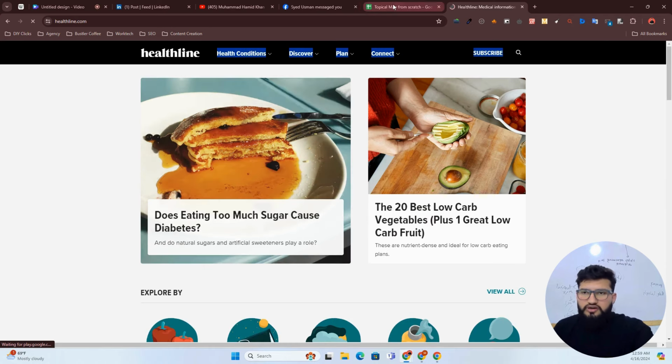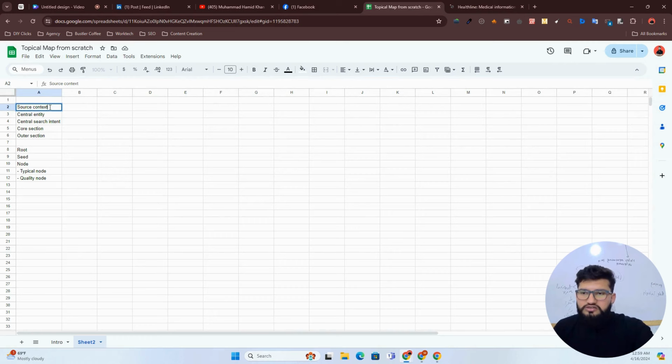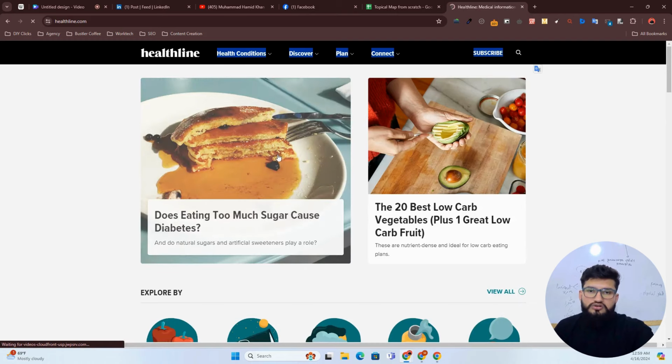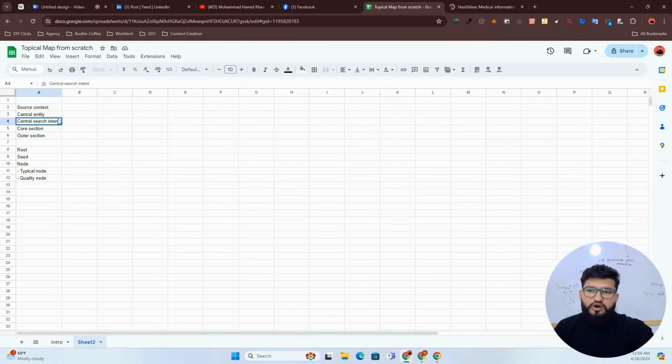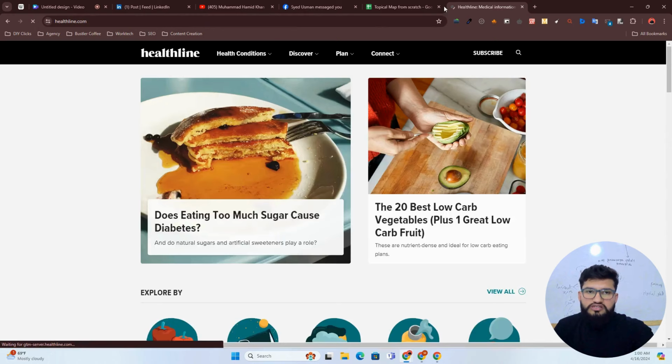So you reflect your source context, your main attributes, your main engrams, your central search intent throughout these sections. Google knows that these things are static on every page, and this website should be ranked, or should be getting more visitors similar to what it has mentioned in its boilerplate.